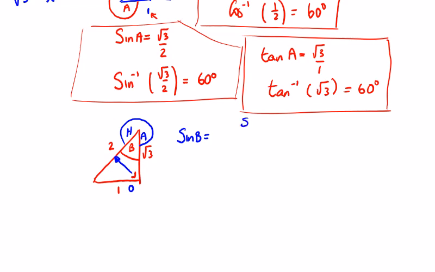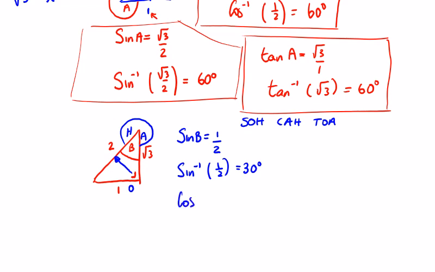We write SOHCAHTOA again, just so you don't have to go back up. SOHCAHTOA: sine is equal to opposite over hypotenuse, O over H. So the sine of B is equal to 1 over 2. And if we get the inverse sine of 1 over 2, you've told me what the angle is, you told me it's 30, you can see on a calculator it comes up as 30.